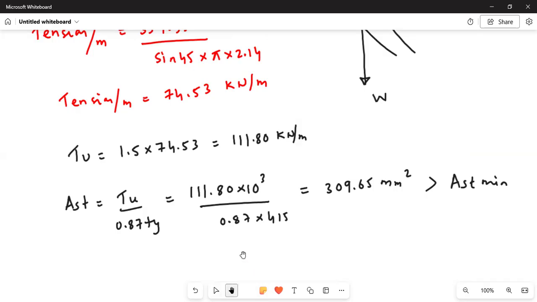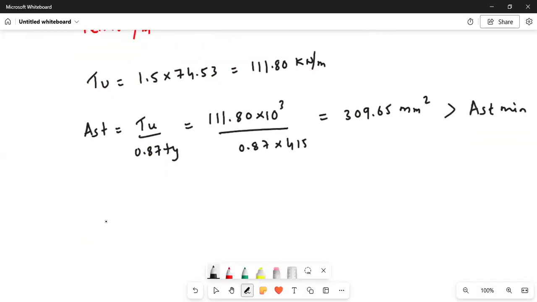Okay. So we can try for 8 mm bar. Spacing, you know how to find the spacing. You know the formula of the spacing. So I will write the formula and directly write the spacing. Spacing equals area of one bar into width divided by AST. Okay.